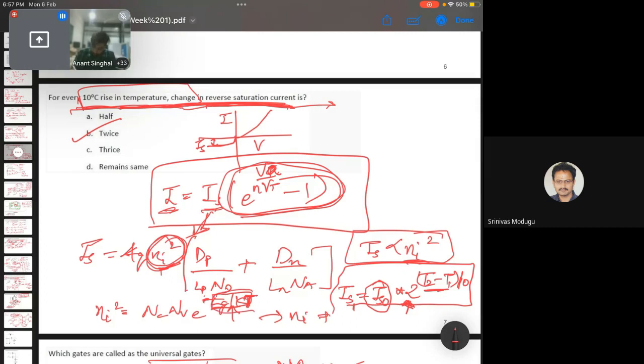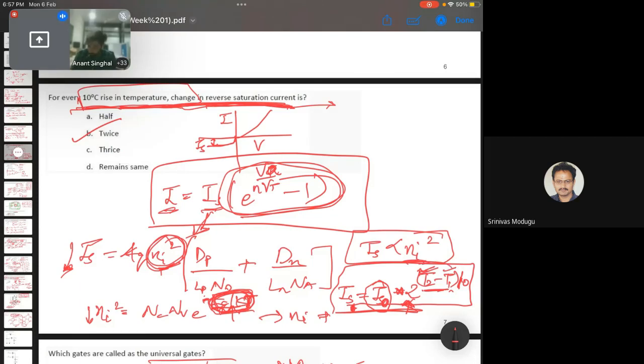So the higher the value of this power, the lower will be the concentration, and the lower the concentration, the lower the reverse saturation current. On solving, we get the relation that IS1, the newer saturation current, depends upon the last saturation current IS0 by a factor of 2 to the power (T2 minus T1) upon 10, where T1 is the initial temperature and T2 is the temperature to which it has been increased.